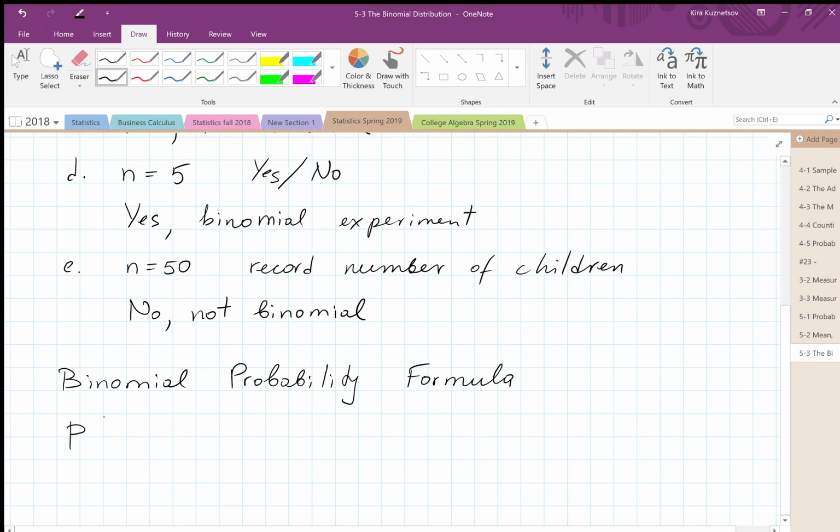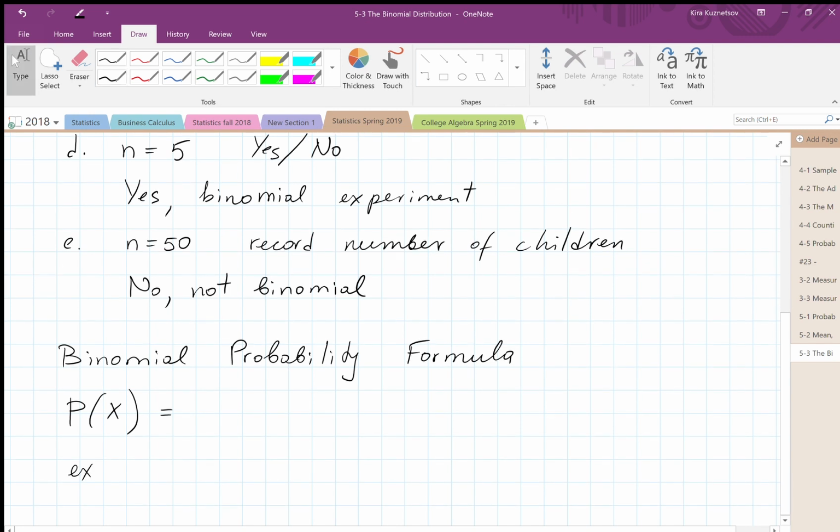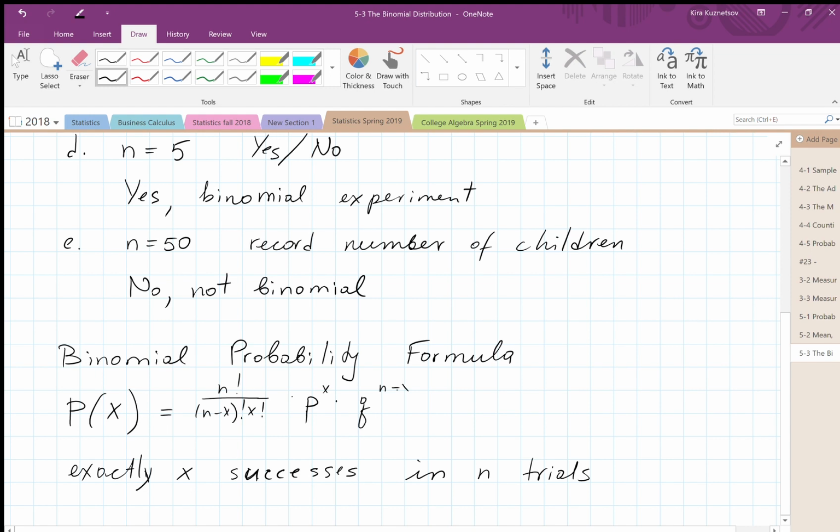The probability of exactly X successes in N trials is given by N factorial divided by N minus X factorial times X factorial, so that's your choosing number, N choose X. Then you multiply the probability of success raised to the power of X, and multiply this by the probability of failure raised to the power N minus X.